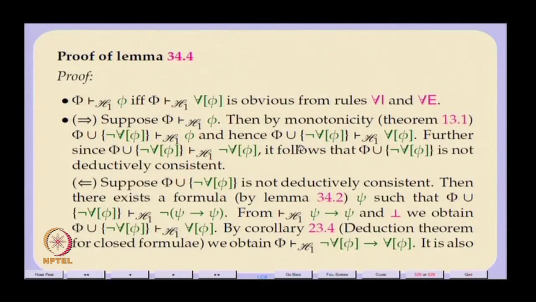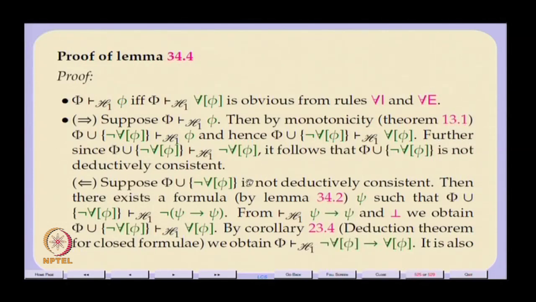So, from the first part it follows that if I can prove phi from this set of assumptions, then I can also prove the universal closure of phi from this set of assumptions. Further, any assumption itself is provable from this set of assumptions. So, I have proven both the universal closure of phi and the negation of the universal closure of phi, and therefore it follows that this set Phi union the negation of the universal closure is not deductively consistent.